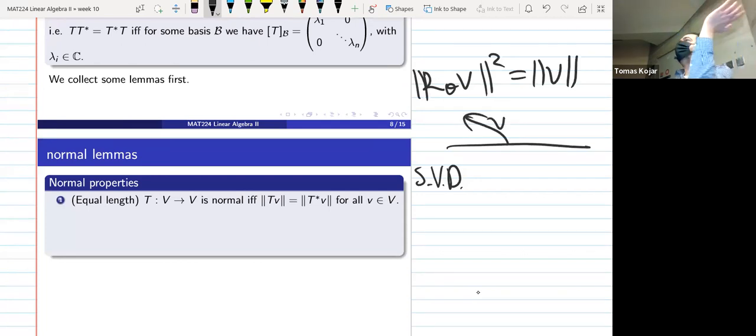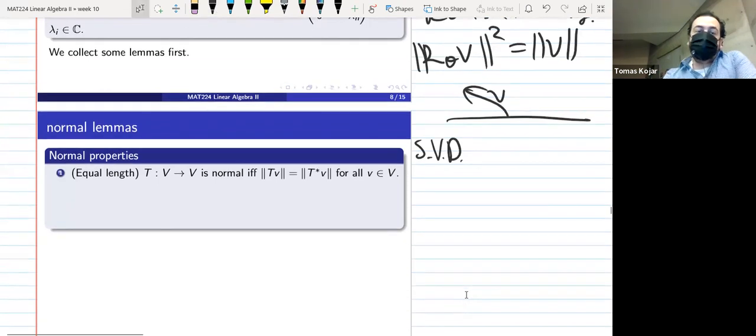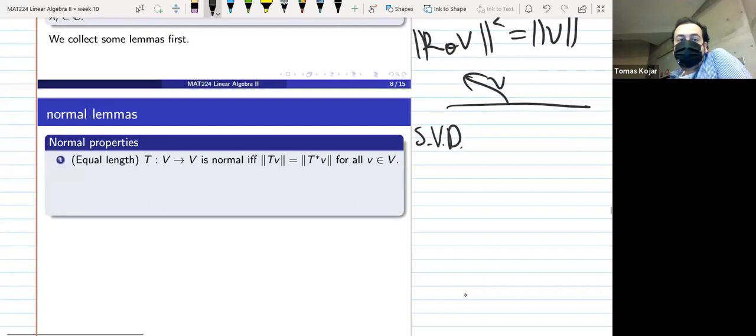You didn't change the length, you just changed the angle. Okay, so R theta is an isometry. All right, so we'll come back to this. So yeah, I have to prove to you that instead of checking normality, you can just check isometry.